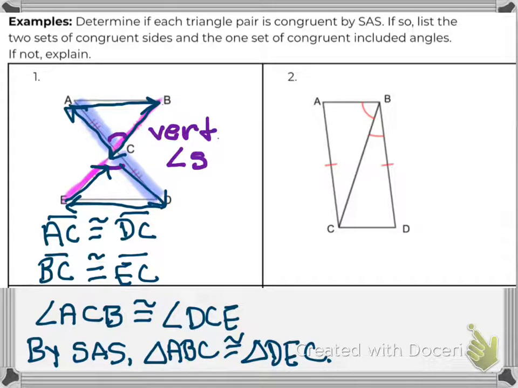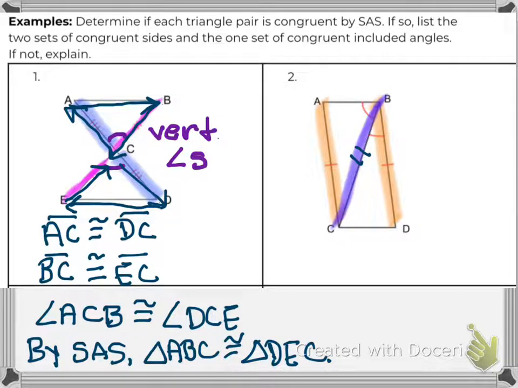All right, let's look at number 2. So I have side AC given as congruent to side BD based on those tick marks. And I have this later in the notes just to make sure we review the definition, but we have this idea with side that any side would be congruent to itself. So I can actually mark that overlapping side as congruent to itself.